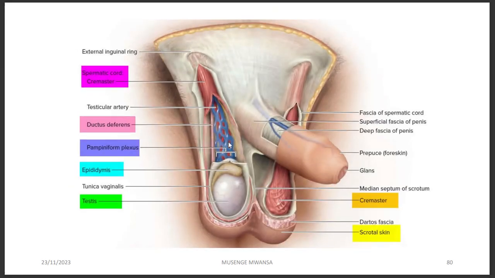This is what we are talking about. You can see we have got the spermatic cord inside here, and the spermatic cord has got all these structures that you can see. Testicular artery, you have got the pampiniform plexus of veins. Now on the layers, you are going to have the, okay, inside the spermatic cord you also have the ductus deferens there. You can see this one.